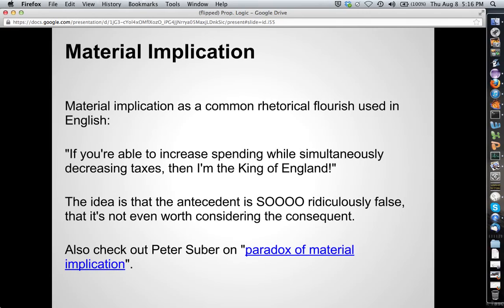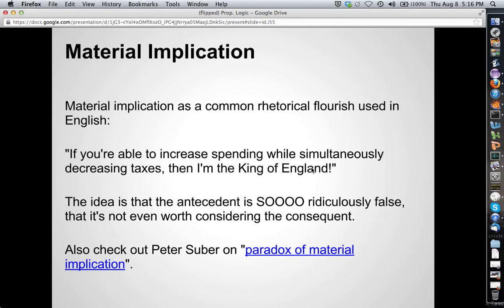And what this is doing is highlighting the idea that the antecedent, the if part, is so ridiculously false, it's not even worth considering the then part, the consequent. And so down here, I've actually got a link to a little bit more of a description of this, a philosopher writing a little bit of stuff about the paradox of material implications.